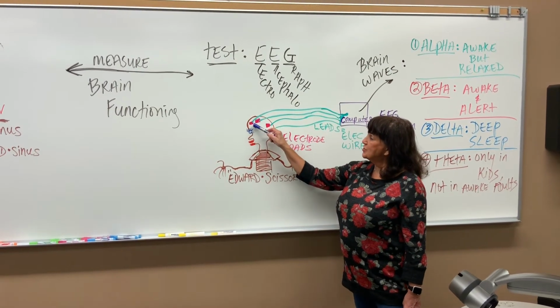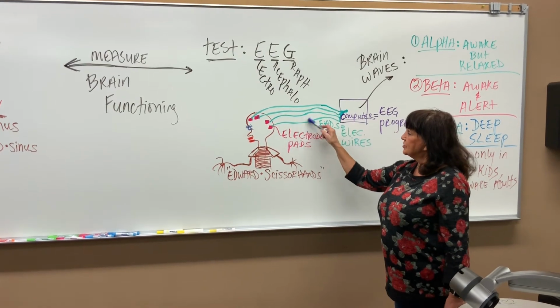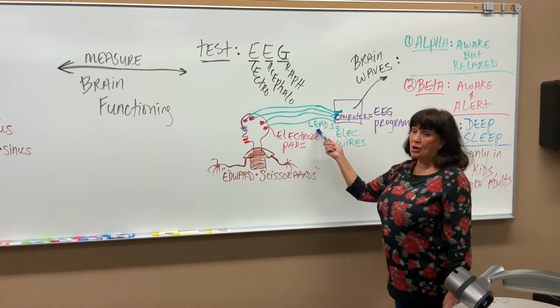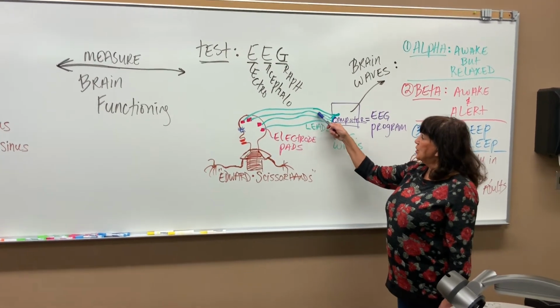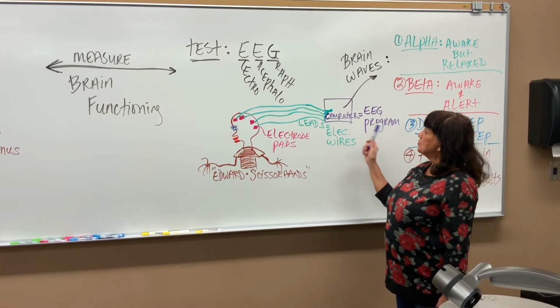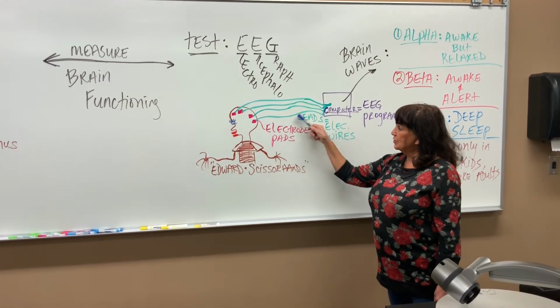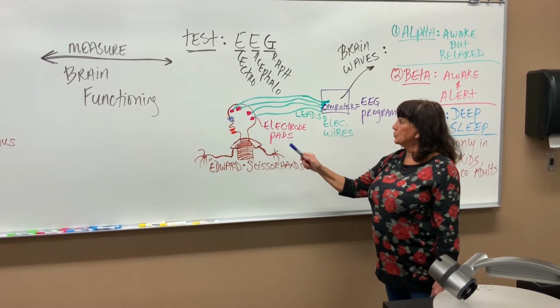And then what attaches to these electrode pads are wires, electrical wires, and they are called the leads. The leads will go into the computer, and the computer will have an EEG program already loaded, so it can interpret the electrical activity coming from the electrode pads.